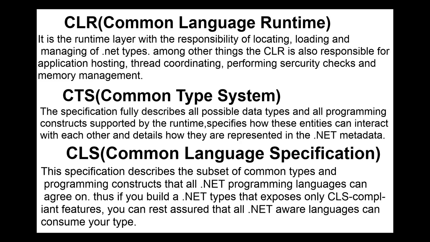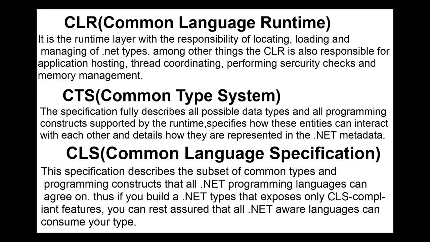Let's go to the third layer of the .NET base class, or the third building block of the .NET base class. The third building block of the .NET base class is the Common Language Specification, or the CLS in short.